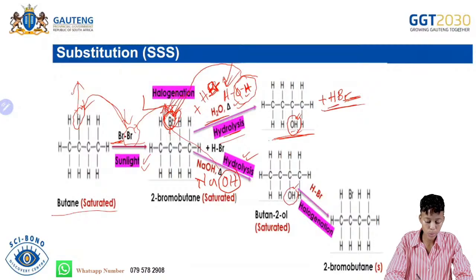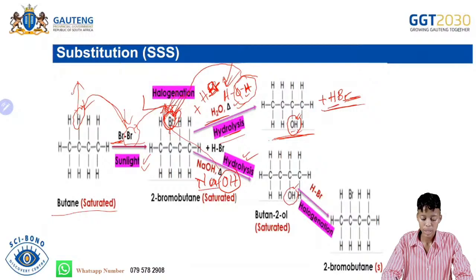Because you removed the Br, and from the sodium hydroxide, NaOH, you were left with the Na and the Br. So the other products that you are going to form will be the Na that you did not use when you were substituting, and the Br that you removed when you were substituting with the OH. So again, we'll have two products. We'll have this one and the NaBr.